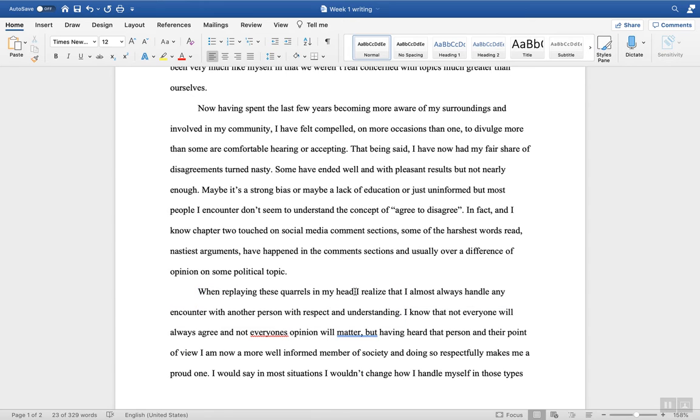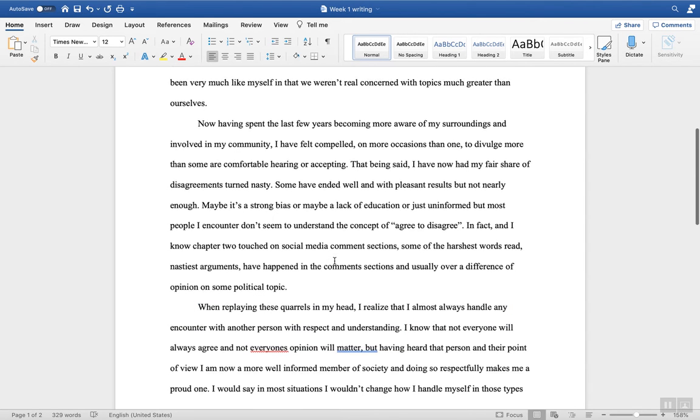So hopefully you heard when I read that out loud that there's a natural pause right here. That's where you want your comma to go. And it's really the same concept. This is the main part of the sentence. Everything up until that point is an introductory phrase. This is just a specific type of introductory phrase, which is why we call it a complex sentence. And we'll talk about that in the near future.